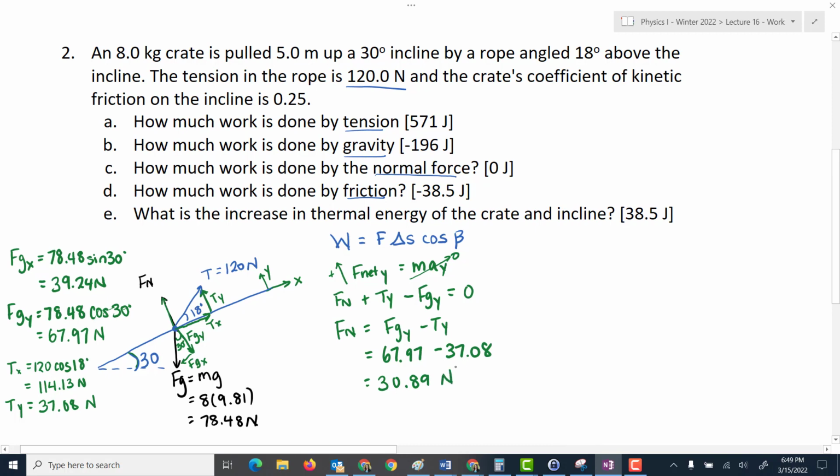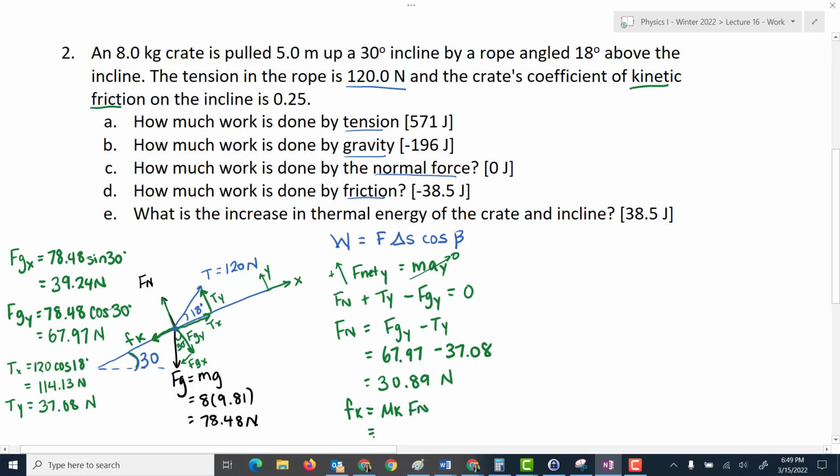The question also told me that there's friction. Okay, they tell me the coefficient of friction. We know we're moving up the ramp, so the force of friction must be pointing down the ramp. And since the object is moving, this is the force of kinetic friction because it's in motion. So force of kinetic friction is equal to the coefficient of kinetic friction times the normal force.